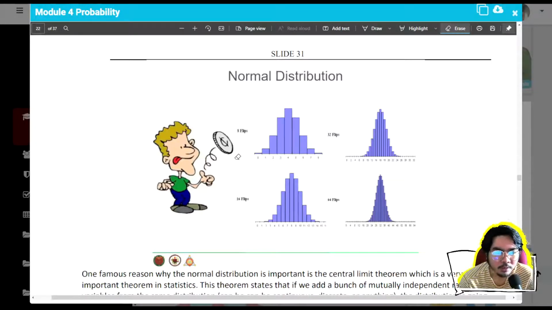So this is a distribution if you do 8 flips, a coin toss, half of the time heads yung lumalabas, tapos half of the time tails. Tapos if you do the experiment more times, kunwari this is 64 flips, you find out na mas mataas yung resolution ng curve natin.